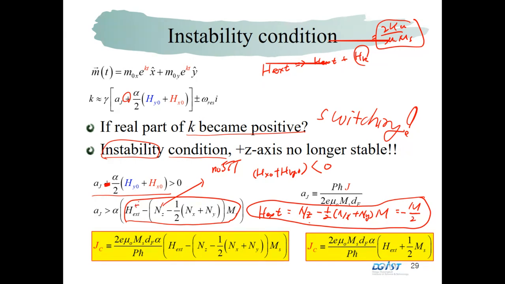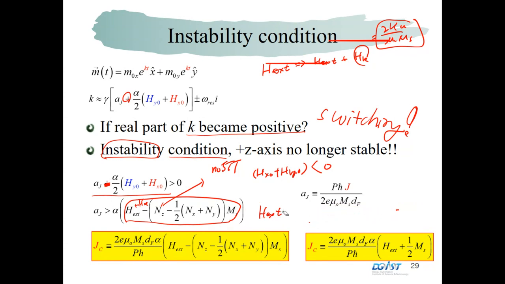So we have additional HK terms here. Then if we ignore the DMI field, the switching condition is nothing else but this is 0. So when we apply an external field smaller than the anisotropy field, switching occurs. That's the result of the Stoner-Wohlfarth model. So this linear equation solution can provide the result of the Stoner-Wohlfarth model also.